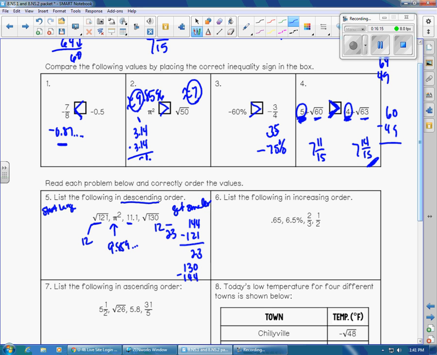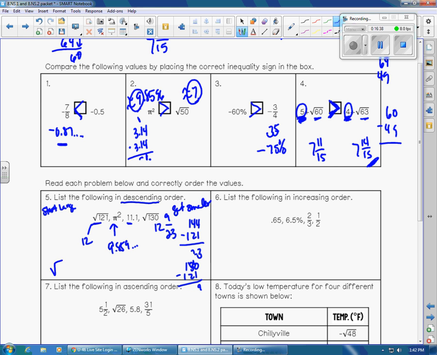I'm sorry, backward. I got distracted by the intercom right now. So 130 minus 121. Got to borrow, so that's going to be 9. So it'd be 9/23. So if I'm putting this in descending order, I need the largest number first.